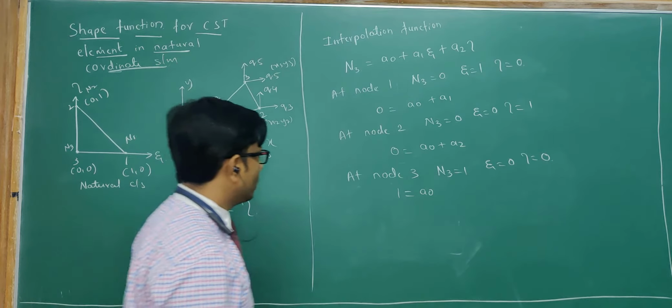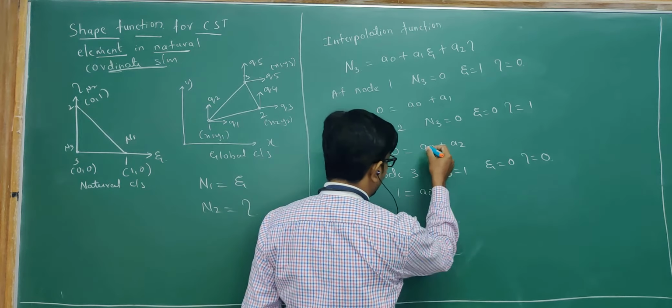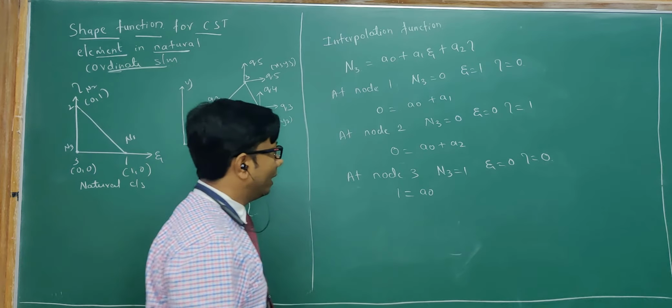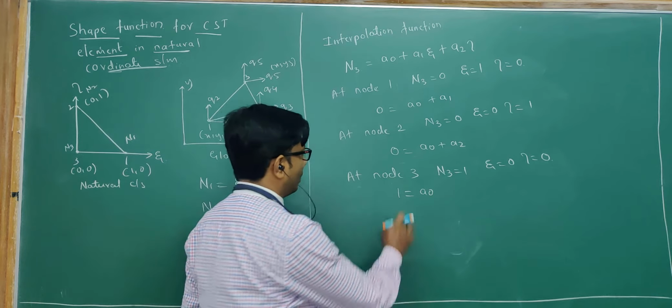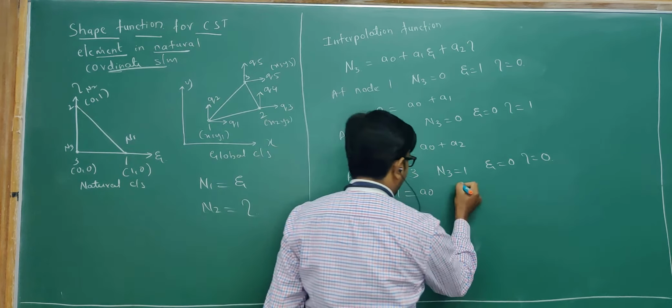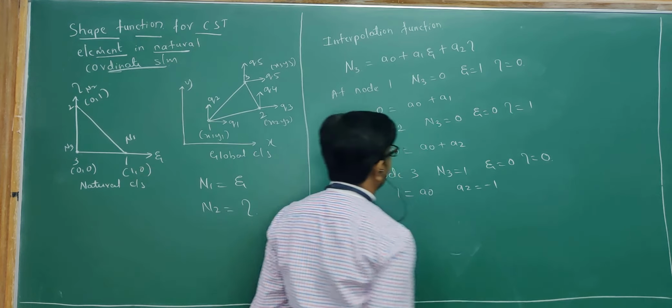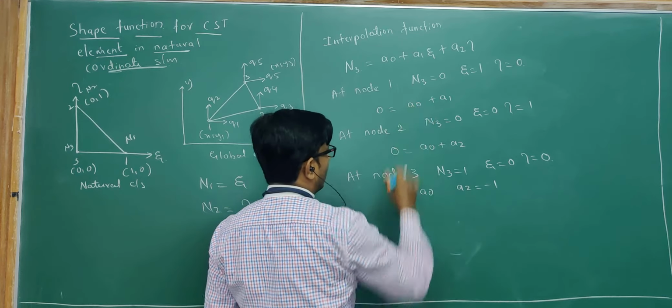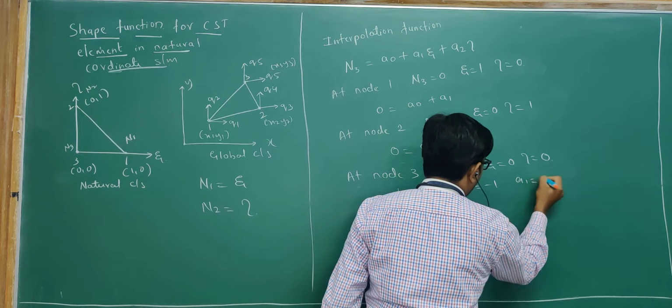So if you just substitute a0 is equal to 1 here, what will you be getting? If I substitute a0 is equal to 1, a2 will be equal to minus 1. If the same thing I substitute here, a1 is equal to minus 1.